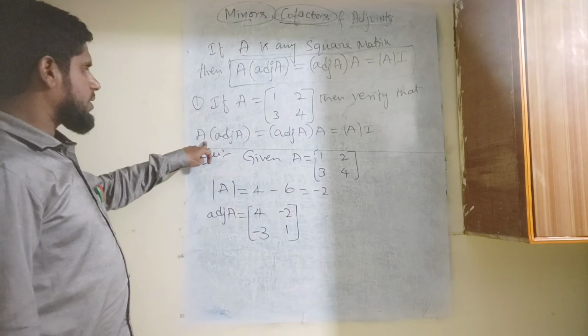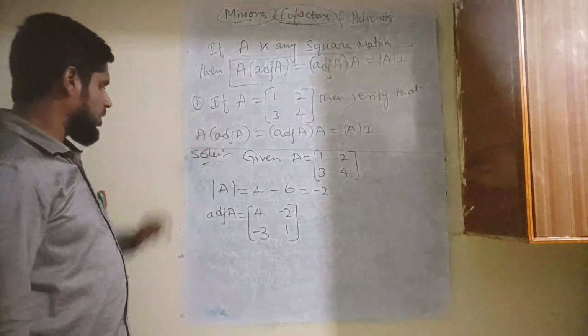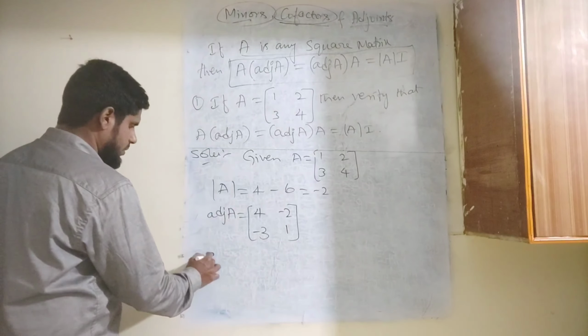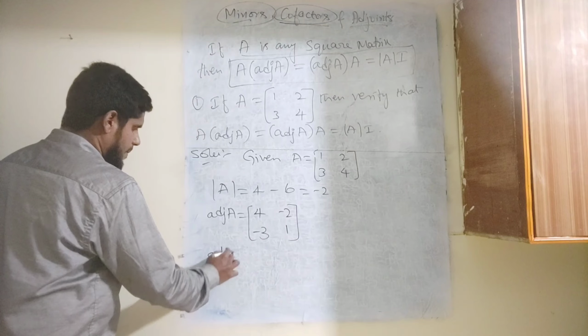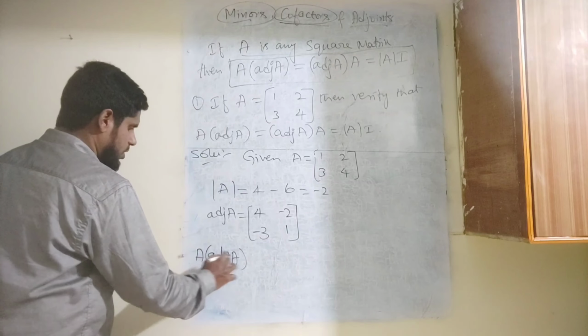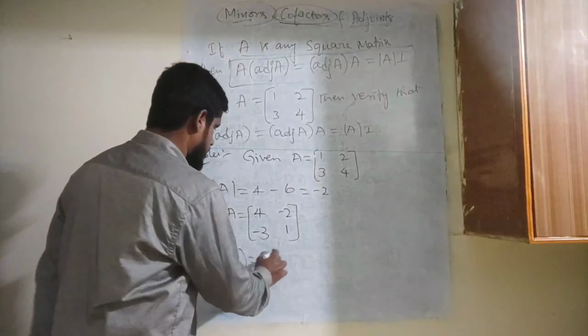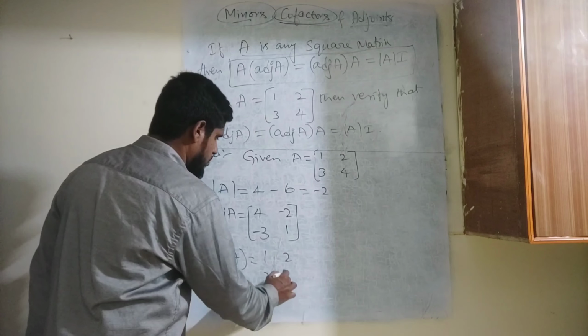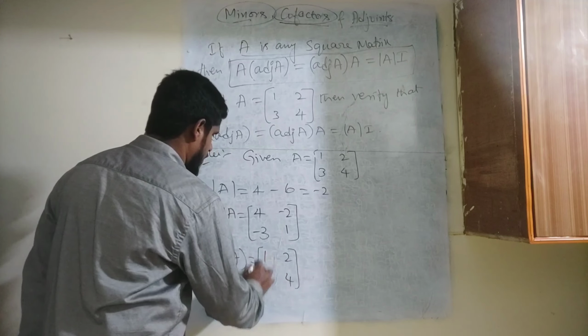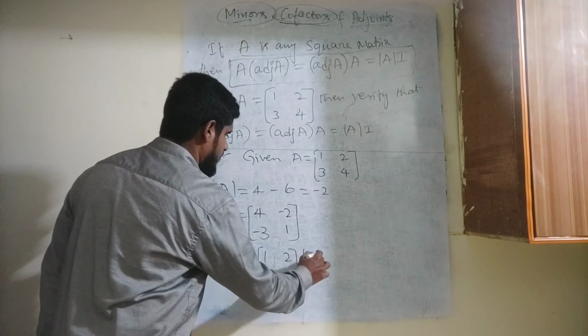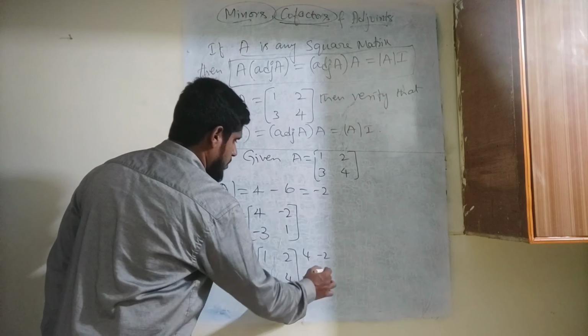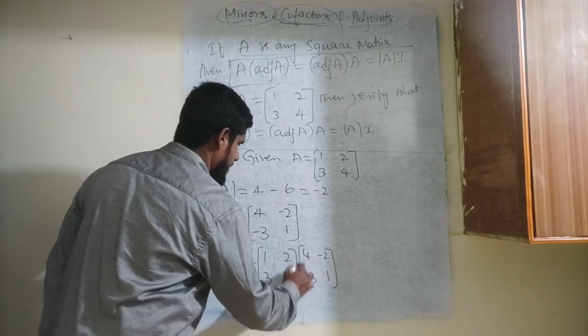Now let me multiply A into adjoint A. What are their matrices? [1, 2; 3, 4] and [4, -2; -3, 1].